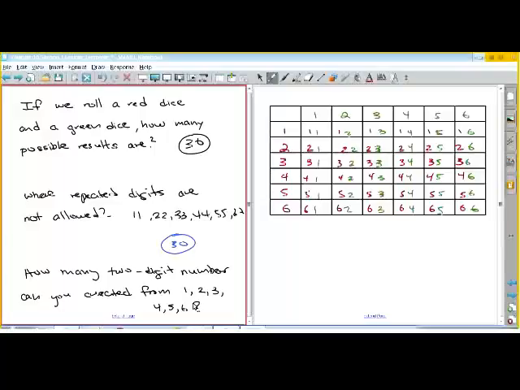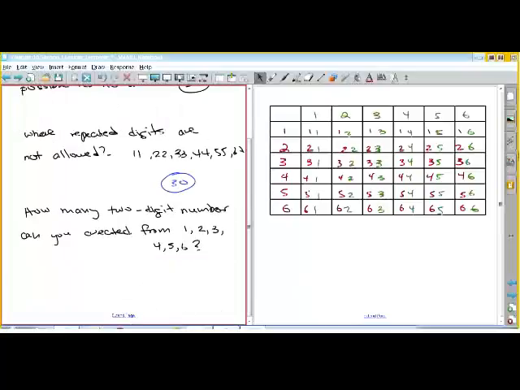You can create these 2-digit numbers, which is what I've done essentially with this same matrix, the same table of values. And so the answer for that would be 36. There are 36 2-digit numbers that you can create by using the numbers 1, 2, 3, 4, 5, and 6.